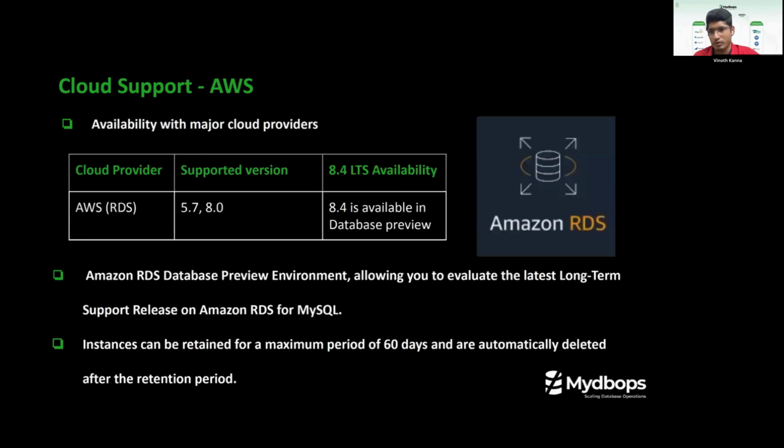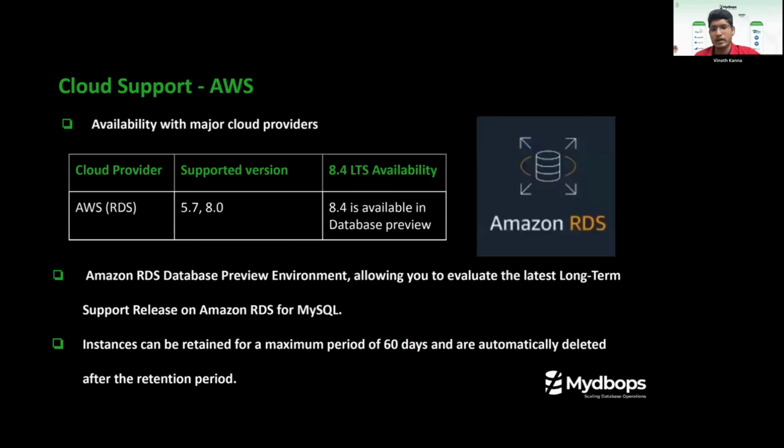If you want to use it, you can definitely go ahead and start testing it on the database platform service in Oracle Cloud. And on the AWS platform, the current versions are 5.7 and 8, and 8.4 is now available in database preview. To start it, go to the RDS section and select the database preview, where you can create preview instances, which can be retained up to 60 days and will be automatically deleted after the 60-day retention period.